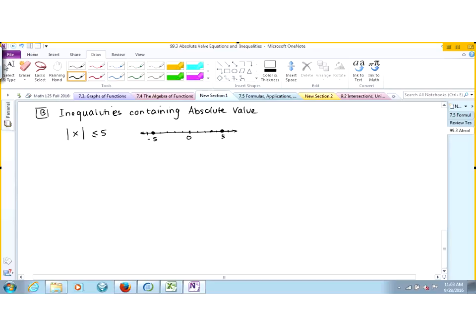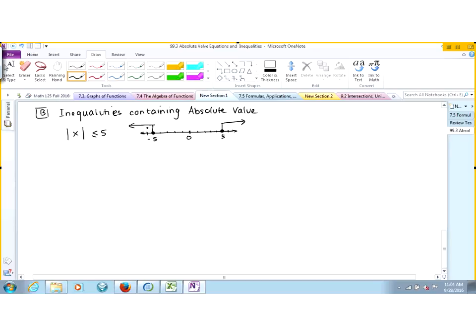How about 4? This point, 3. Is the distance between 0 and 3 greater than 5? No. How about 6? Yeah. 7? 8? So it's this part. How about on the other side? Negative 2? No. Negative 3, negative 4, negative 5? Where else?